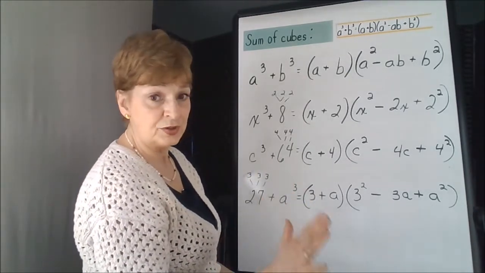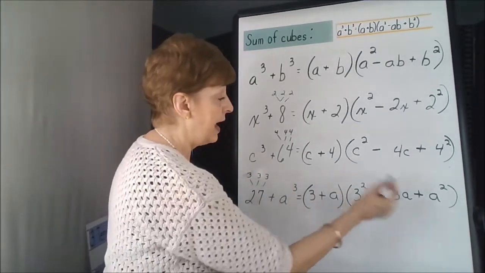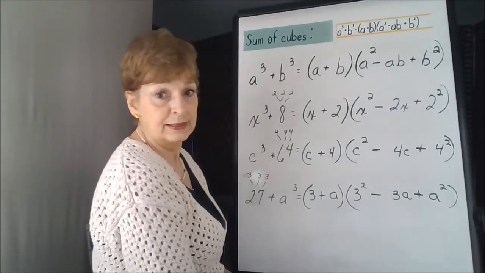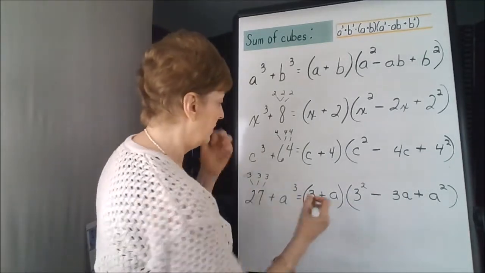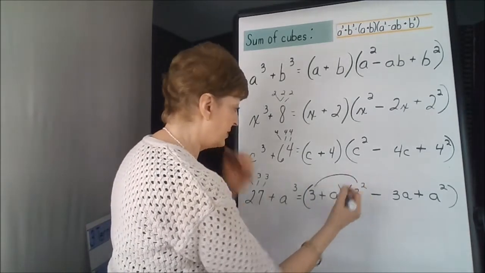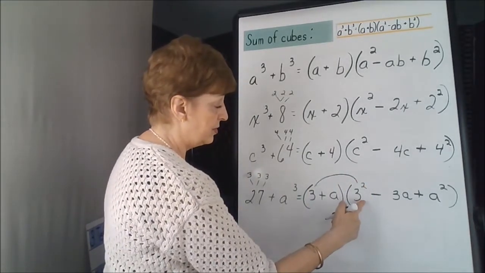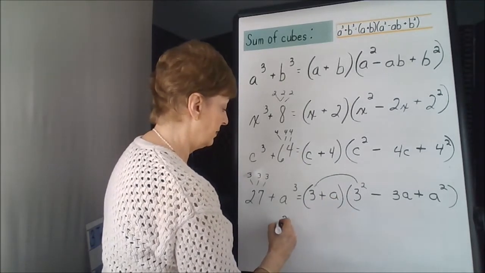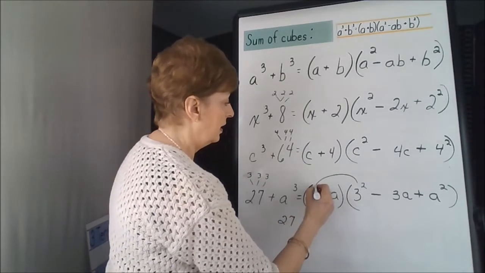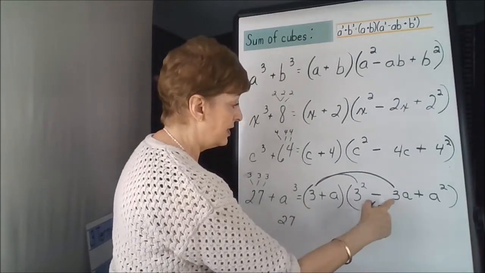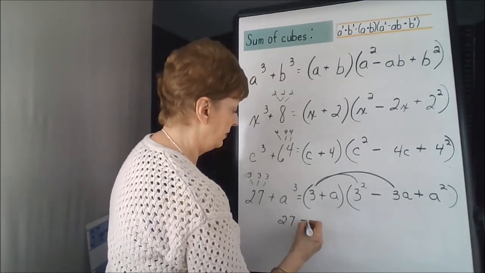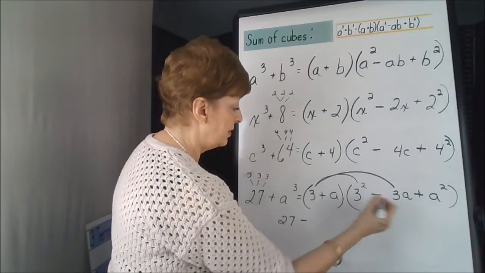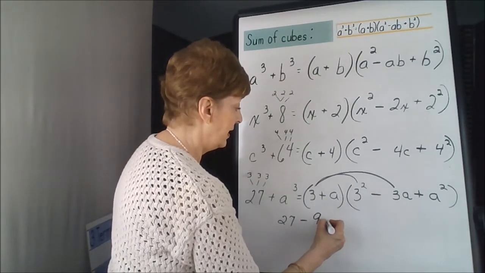If we want to be sure of ourselves, we would have to distribute this back. Let's see how that looks. 3 times 3 squared, 3 times 3 is 9, 9 times 3 is 27. Positive times a negative, negative. Negative, 3 times 3 is 9, a.